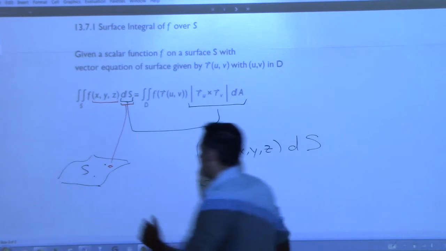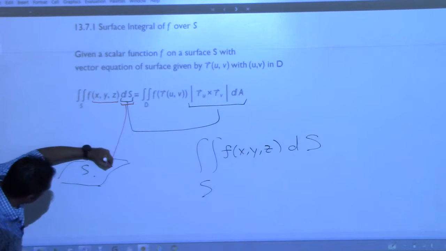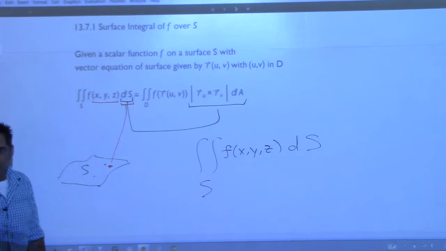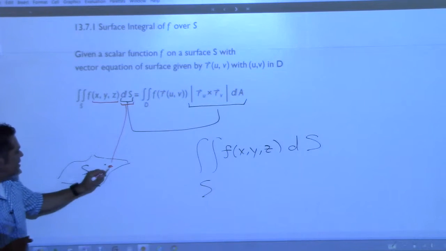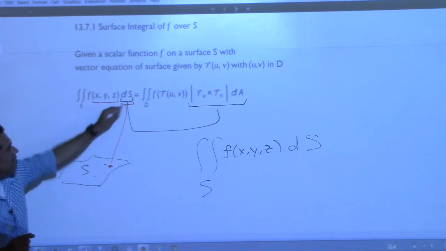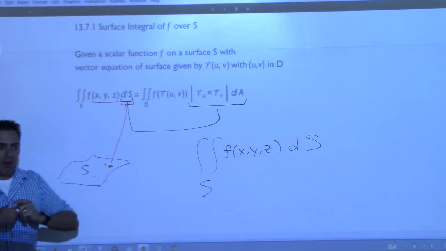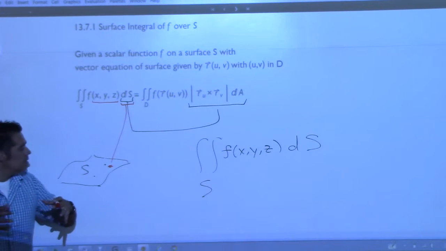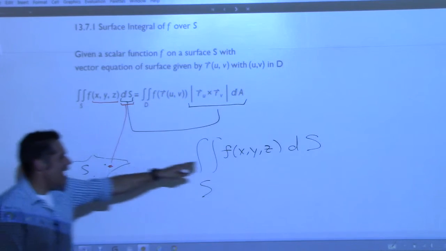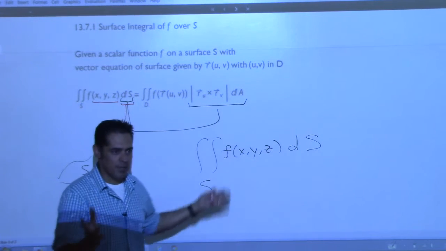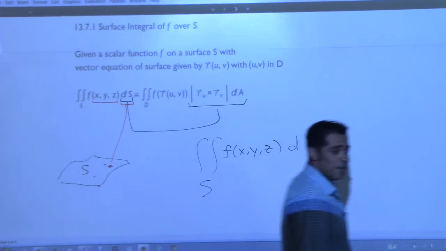So it's like we're taking some point right here, and let's say we know the density at that point, and then we're multiplying it times the area, and that will give us our mass. Does that make sense? But again, this doesn't have to be a density function. It can be any function. So this is called a surface integral.